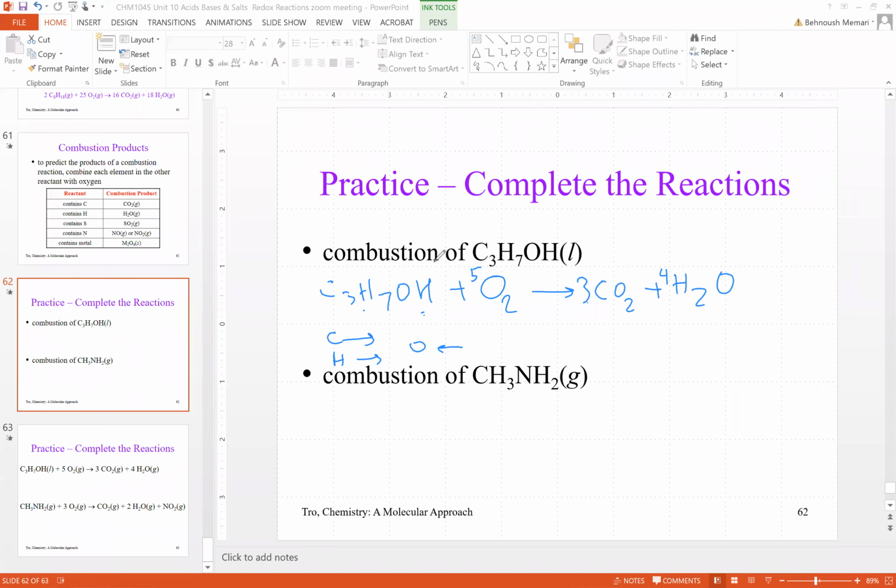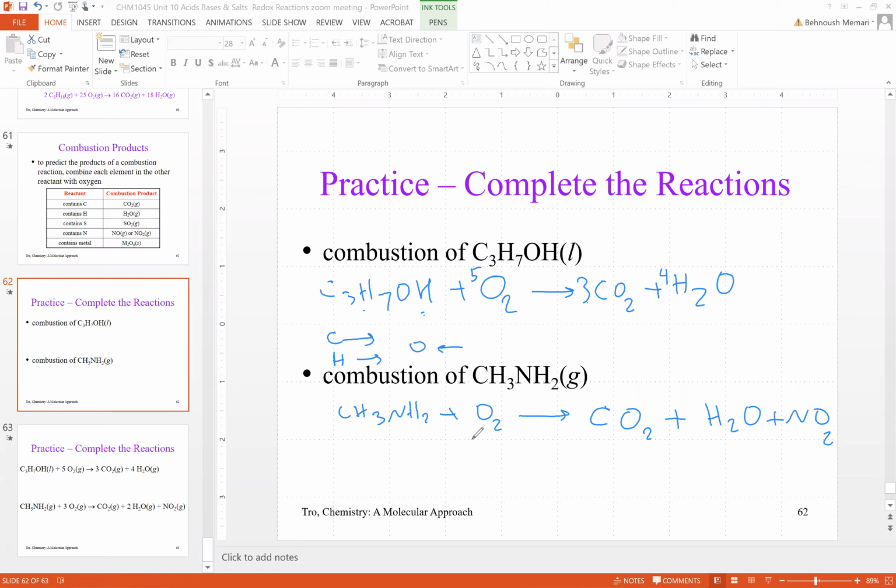For CH3NH2, in this case, plus O2, carbon would generate CO2, hydrogen would change to H2O, and nitrogen would change to NO2. Then you are going to balance the equation based on the number of carbon on each side, 1 on each side.